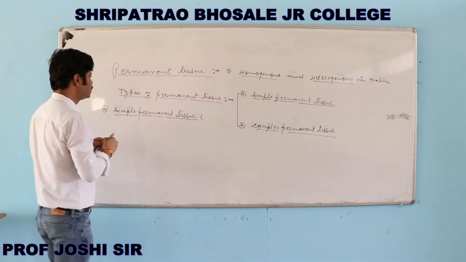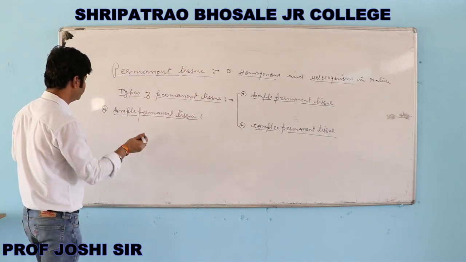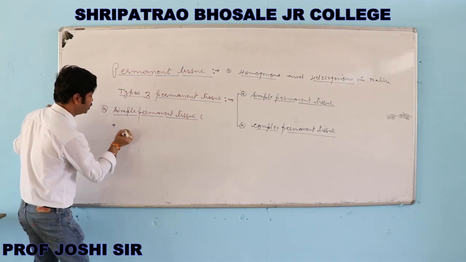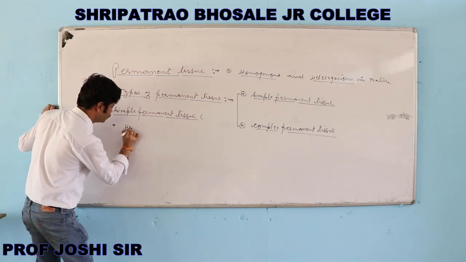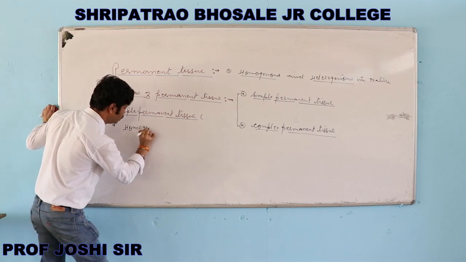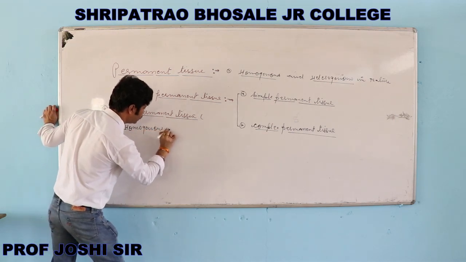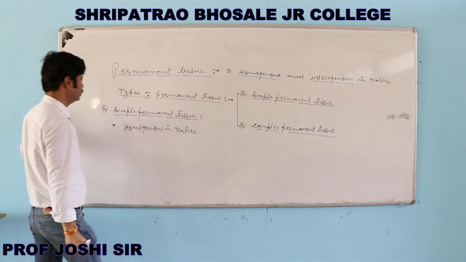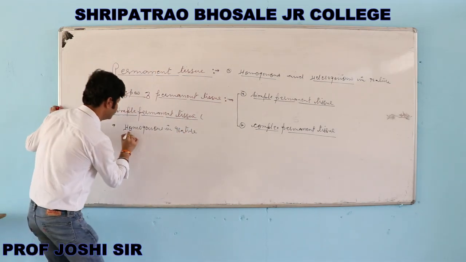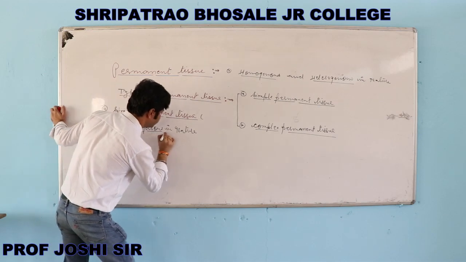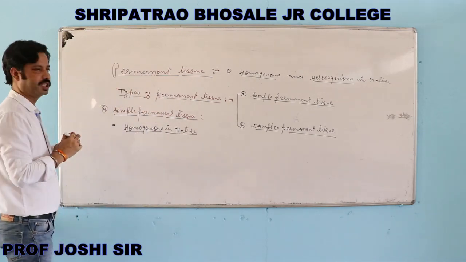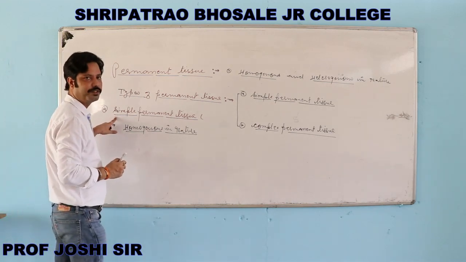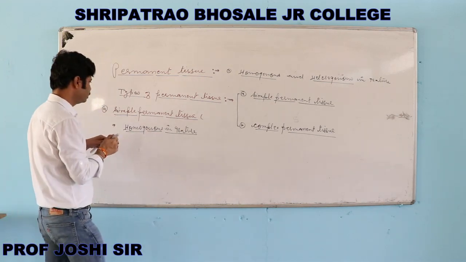As you know, simple permanent tissues are homogeneous in nature. This simple permanent tissue is further divided into the following three categories.